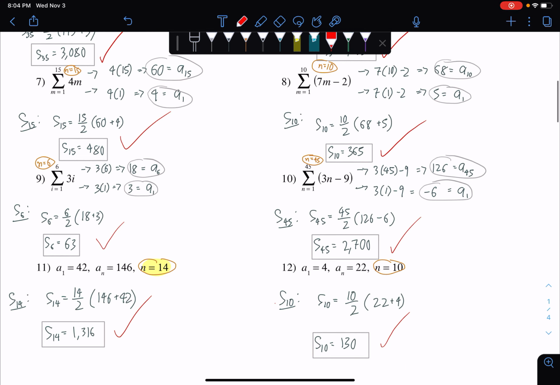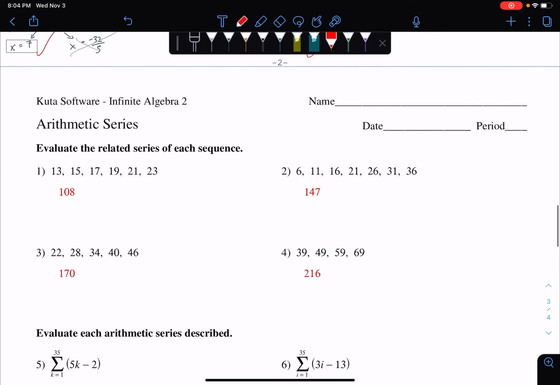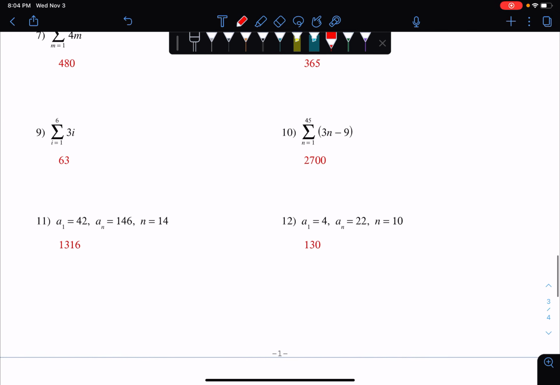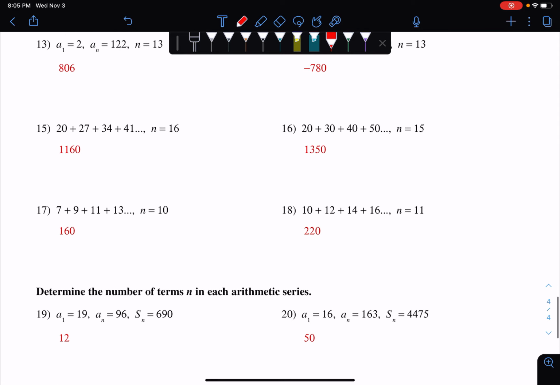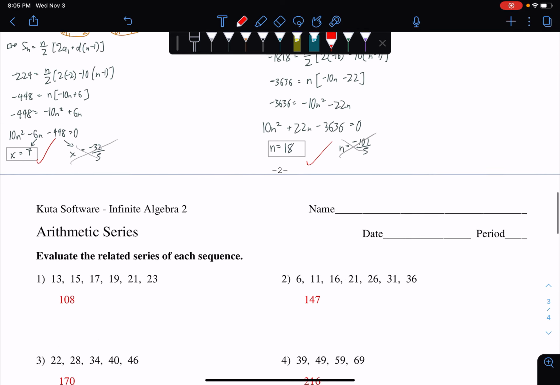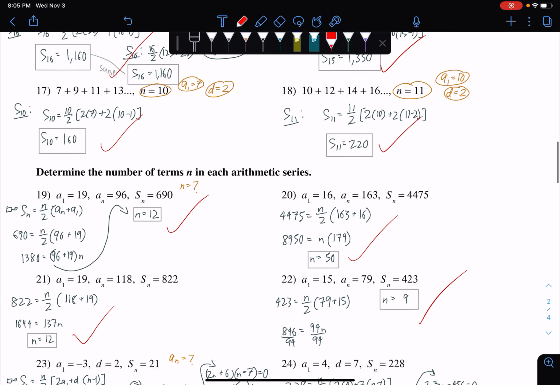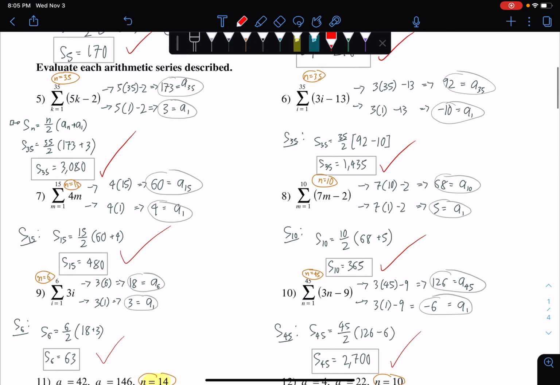There you go. The answer keys are below, just in case you don't really trust my answer key. So you could just check, and turns out these are still the answers that you're looking for, the answers of the corresponding problems. So yeah, I think that's everything in this video.